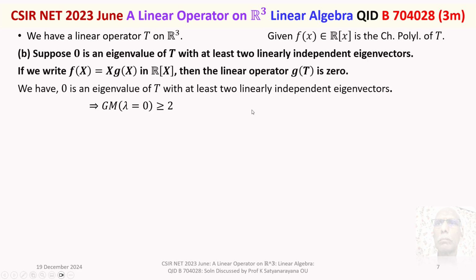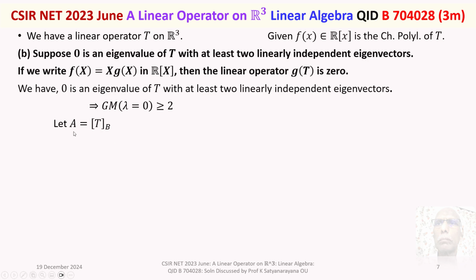Now we ask the question, what about the algebraic multiplicity? The algebraic multiplicity is always greater than or equal to geometric multiplicity, therefore the algebraic multiplicity of the eigenvalue lambda equal to 0 is also greater than or equal to 2.